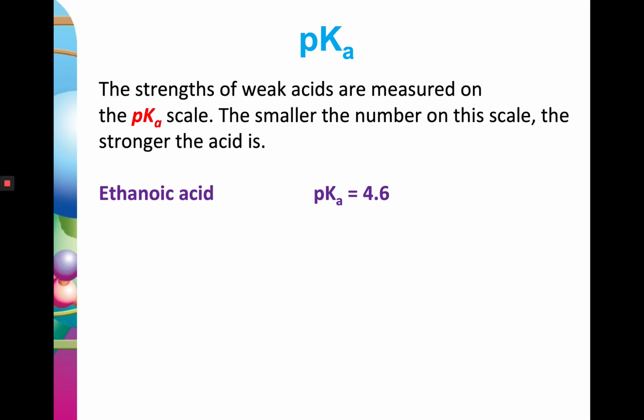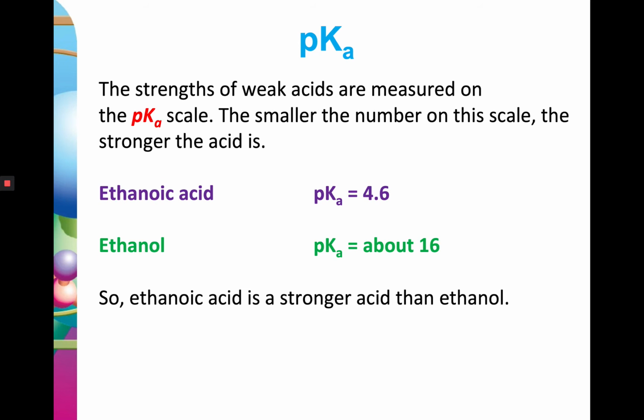Ethanol is not something we consider to be an acid, but it would still have a Ka value. We know that this is a log 10 scale, so there's a significant difference between ethanoic acid and ethanol. The ethanoic acid pKa value is much lower than ethanol's. So, unsurprisingly, given that ethanoic acid is considered an acid and ethanol isn't, generally speaking, ethanoic acid is a stronger acid than ethanol.